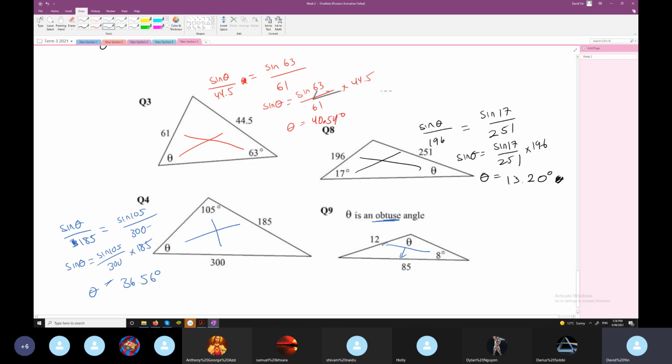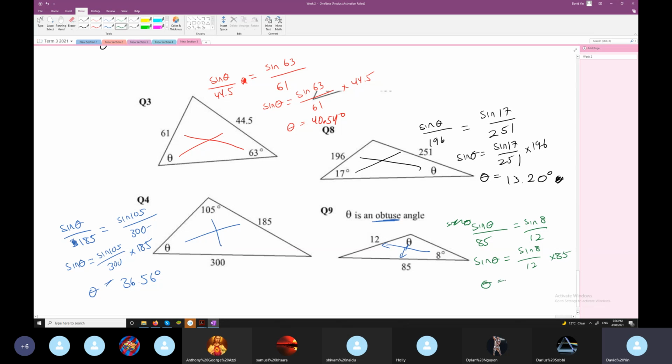So theta goes with that one goes with that. So what we have here, in green, is sine theta all over 85 equals sine 8 all over 12. Sine theta equals sine 8 on 12 times by 85.